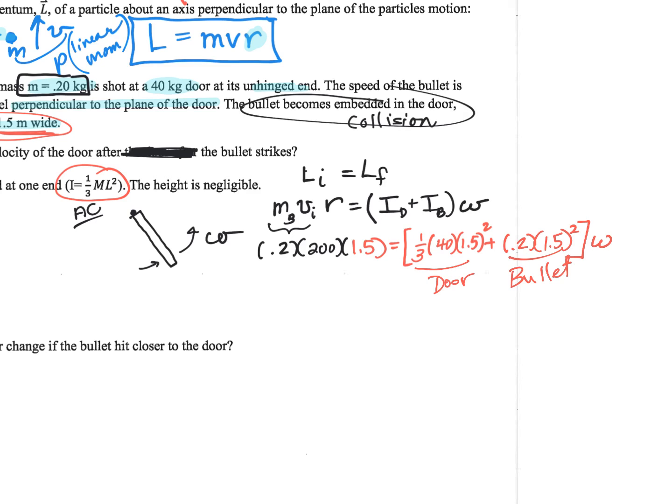So let's see if we can figure out what this is. 0.2 times 200 times 1.5. 40 times 1.5 squared divided by 3 gives me 30, plus 0.45, and that's times omega.